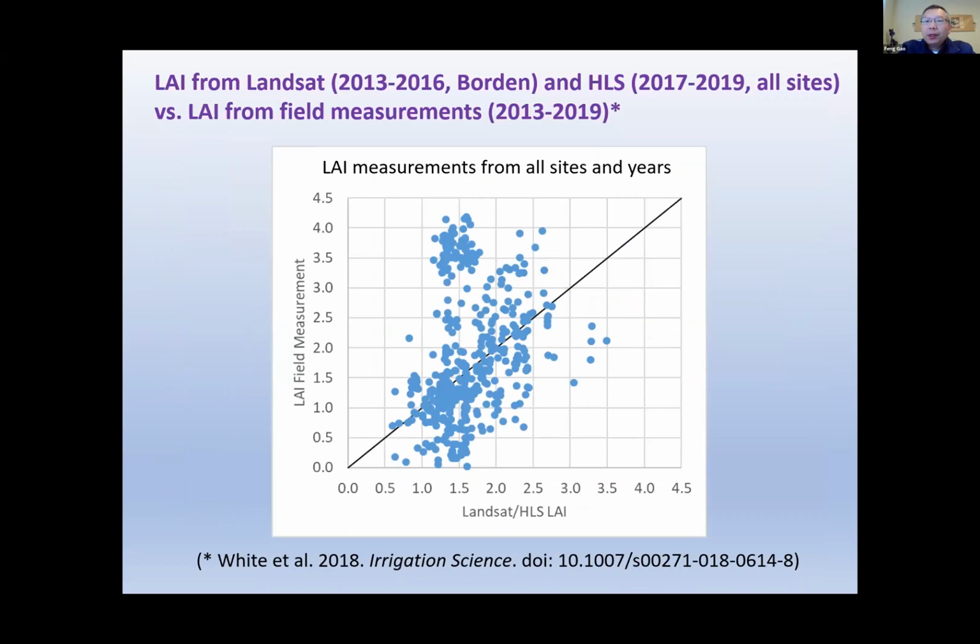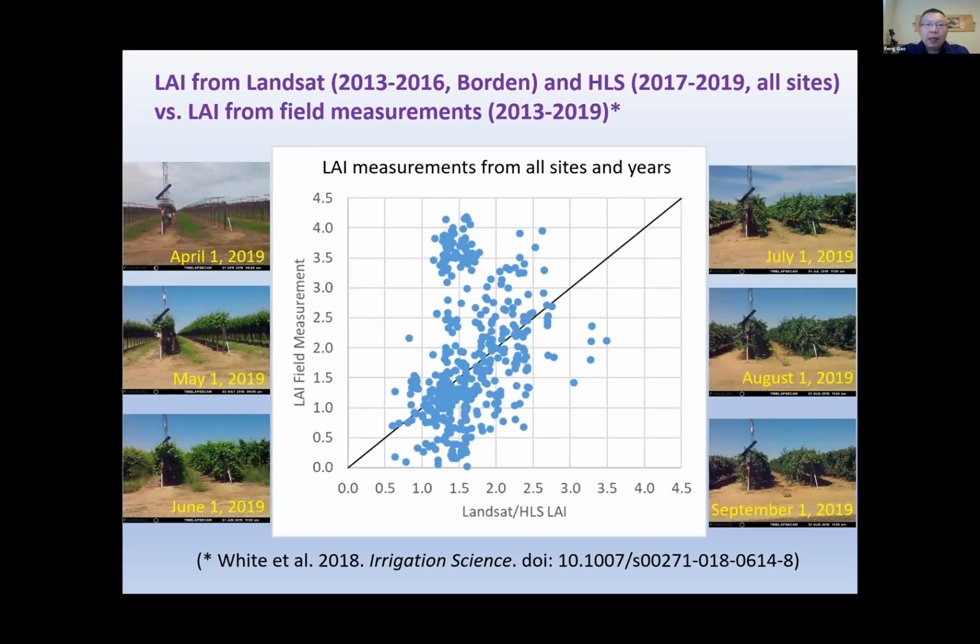When we expand the model to the other two sites in 2017, the results are scattered, as you can see. This includes all the measurements from 2013 to 2016 from Lodi, and then 2017 to 2019 from all three sites. Those field measurements include LAI from different experiment periods, and some field measurements did not include cover crop.